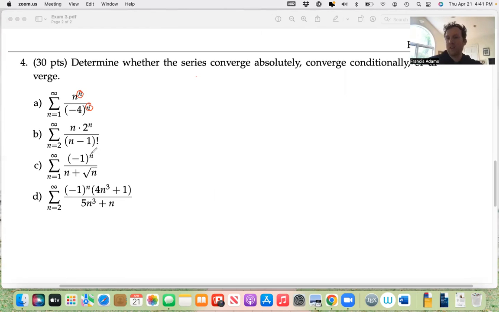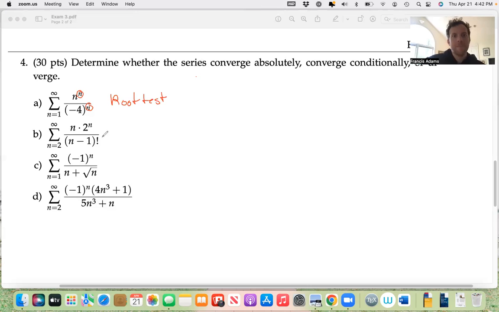And if everything around is an nth power, that suggests the root test. The root test is also good because it does say converging absolutely or diverging, so it does have something to say about this kind of question.